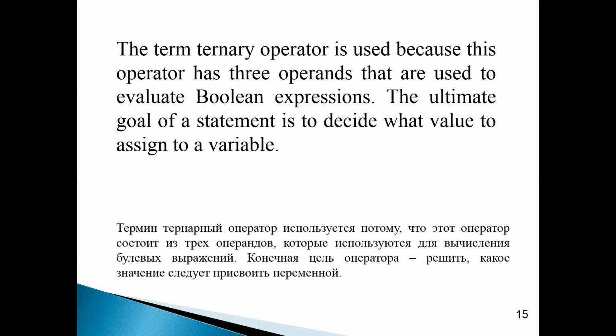The term ternary operator is used because this operator has three operands that are used to evaluate Boolean expressions. The ultimate goal of a statement is to decide what value to assign to a variable.